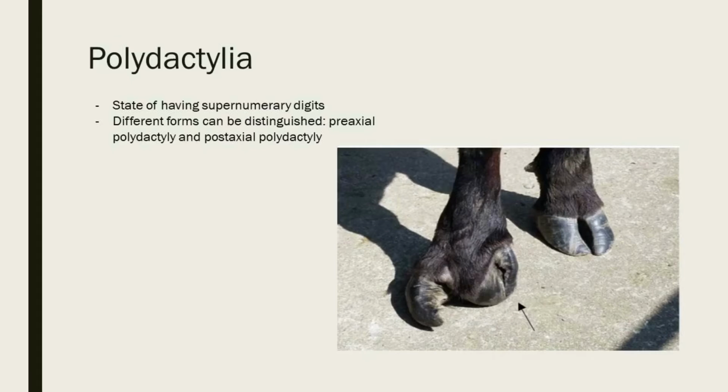Extra digits may represent isolated occurrences or belong to various kinds of pathological syndromes, and the separation of the extra digits from the regular ones can be complete or incomplete, giving rise to different extents of fusion of supernumerary digits with other digits, either of the soft tissue alone or combined with skeletal fusions.